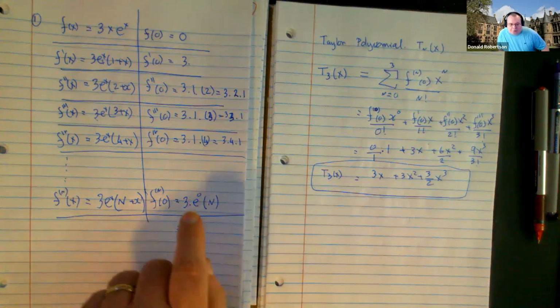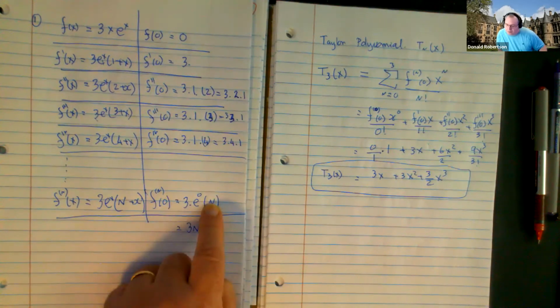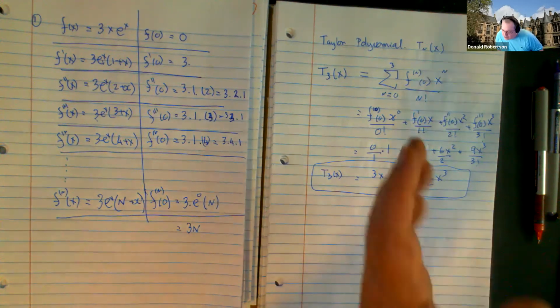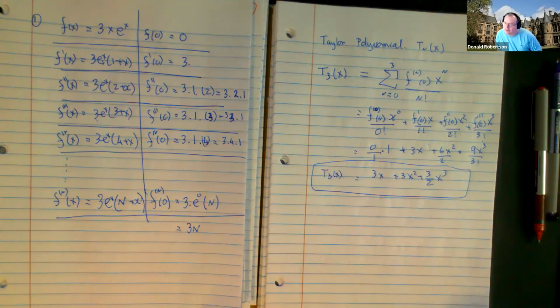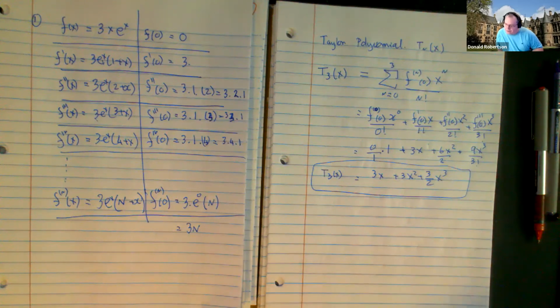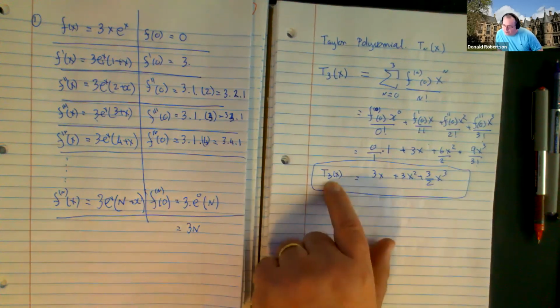You might not be able to generate a perfect formula, but would you agree that you should be able to at least find the first 3 or 4 terms of any function, no matter how ugly they are, right? You can find the first derivative, the second derivative at 0, the third at 0, whatever you need. And you will be able to create a Taylor polynomial for it.